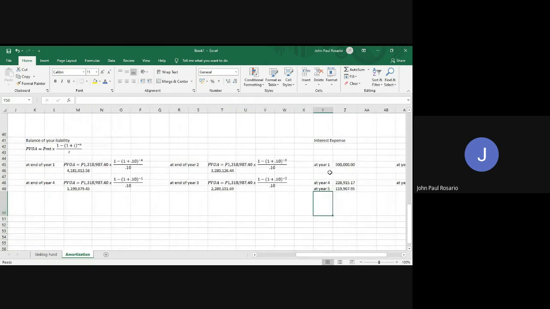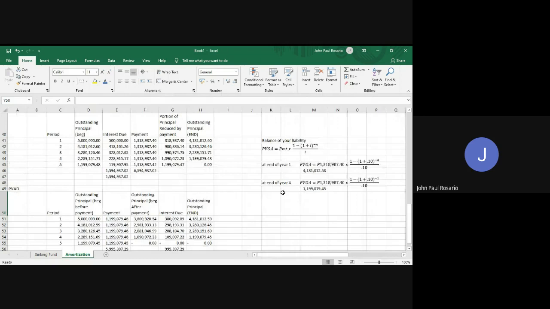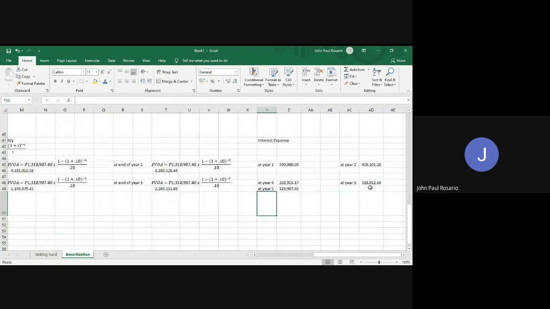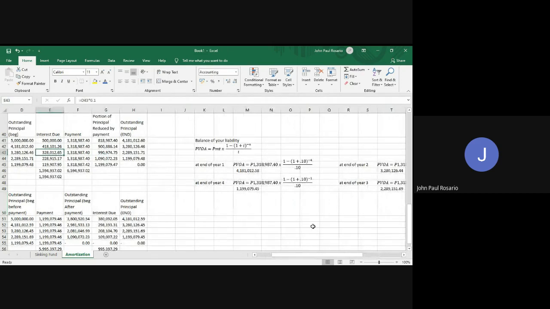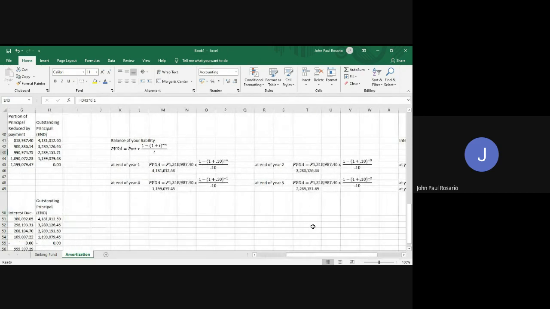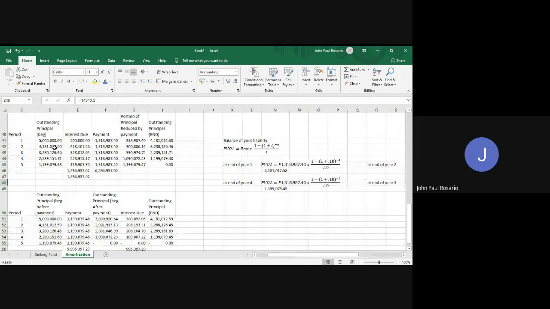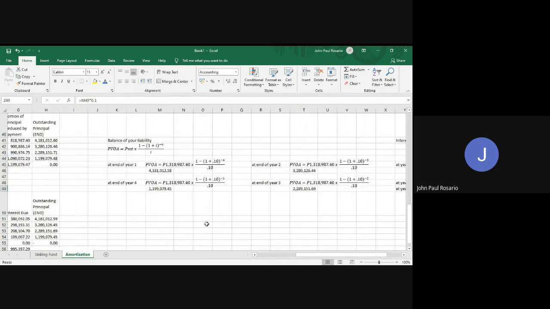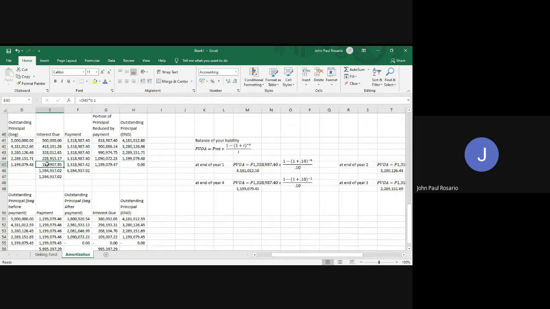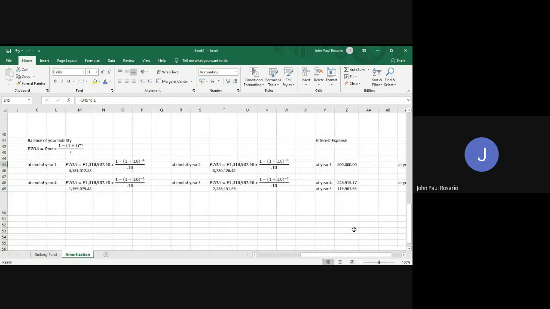And then we have 418,101. And then year three, 328,012. And then for year four, that's 228,915. And lastly, for year five, that's 119,907. Okay. So with that, we're done with what if interest expense ang pangutana.